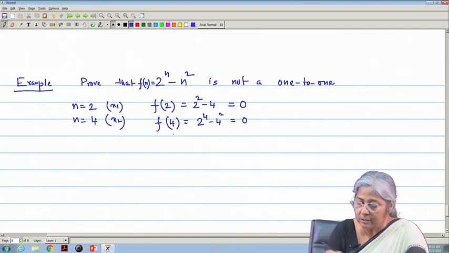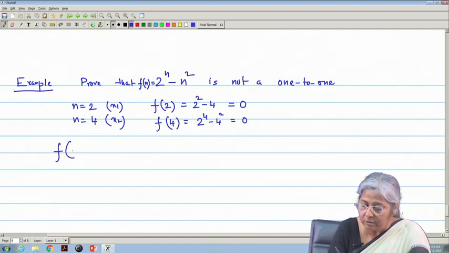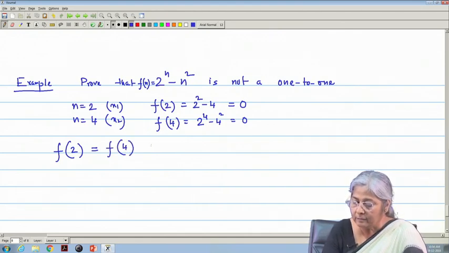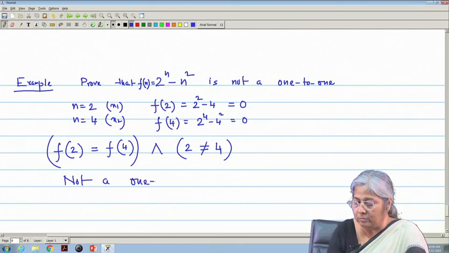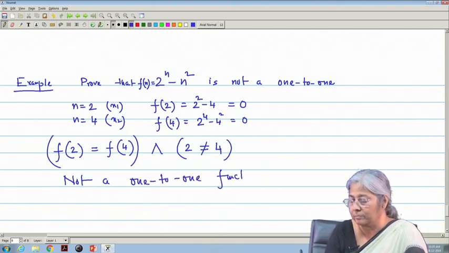So, what we see is that f of x1 equal to f of x2 and x1 not equal to x2, that is, 2 not equal to 4. So, that means it is not a 1 to 1 function.